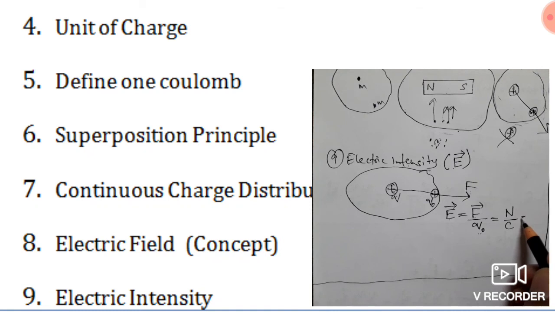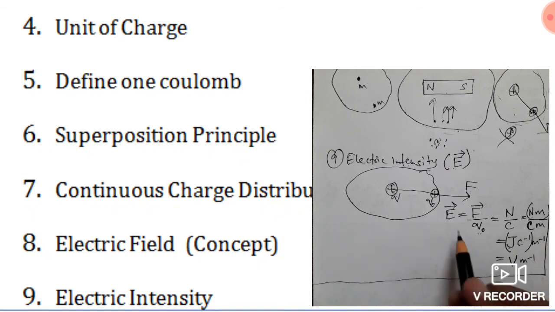So if we multiply numerator and denominator by meter, now Newton into meter is nothing but joule, and if we put it on the numerator side, it will be Coulomb inverse and meter inverse. Now joule Coulomb inverse is actually volt. So it is volt meter inverse.